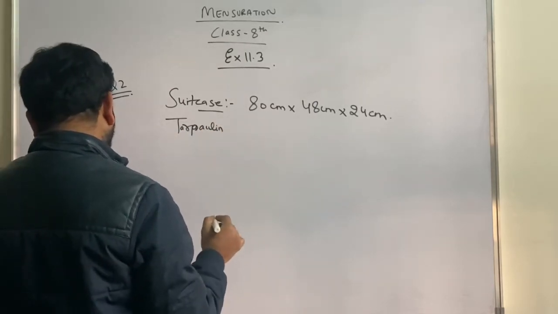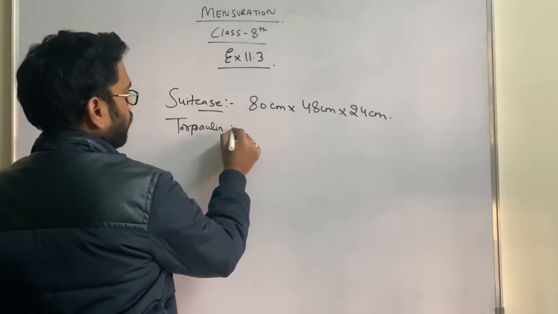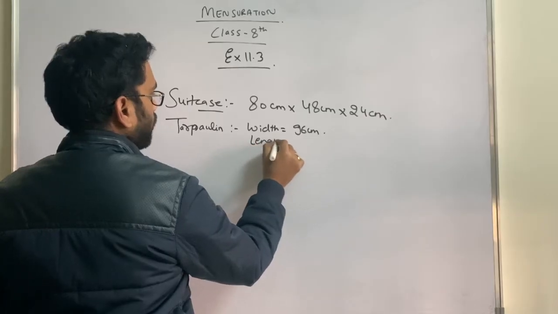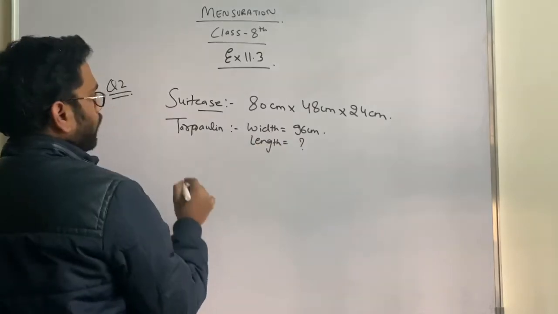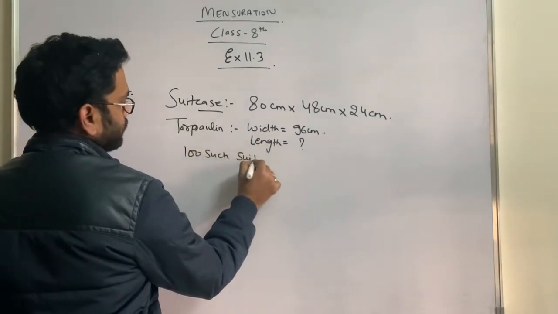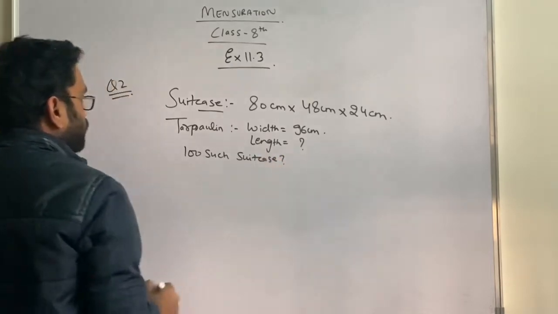How many meters of tarpaulin, whose width is 96 centimeter, are needed? You have to find out the length of the tarpaulin to cover 100 such suitcases. So this is the question.